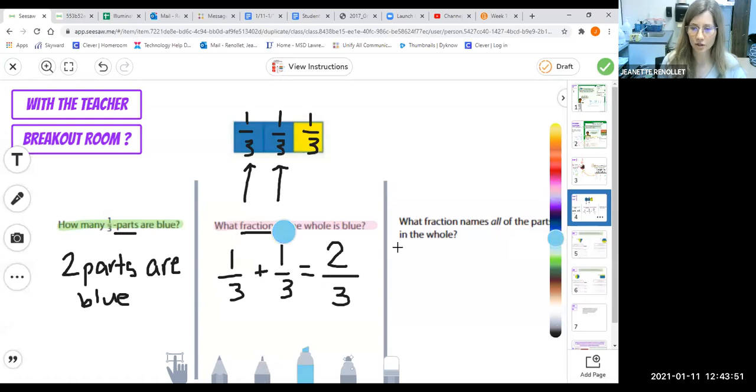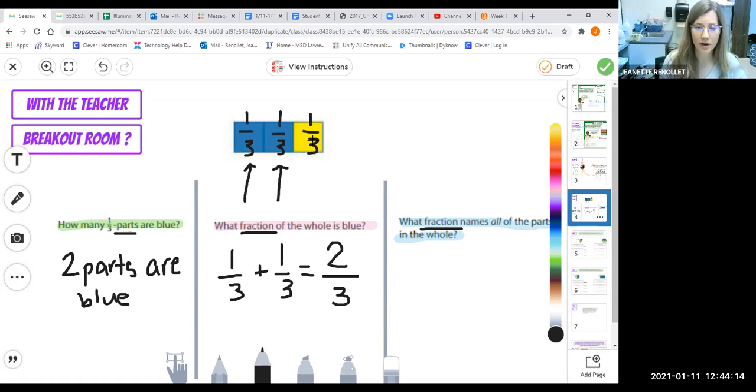The final question asks, what fraction names all the parts in a whole? Don't forget, when it asks you what fraction, my answer is going to be a fraction. Okay, well, let me count all the parts.